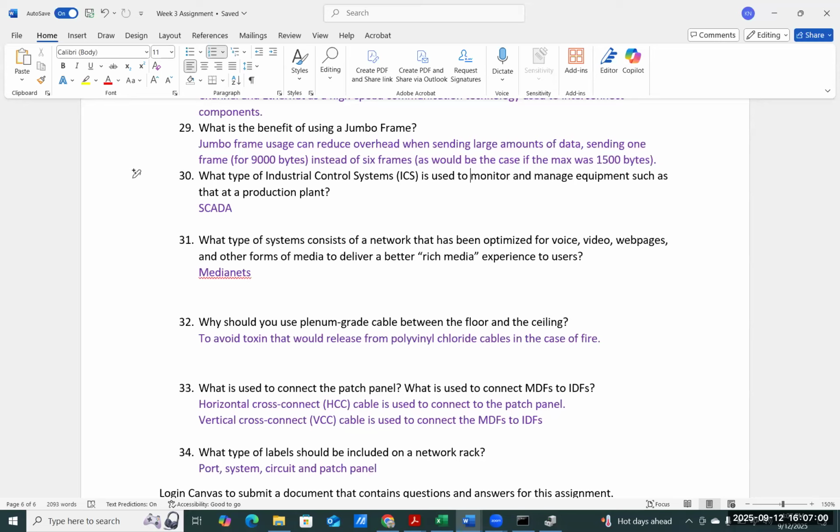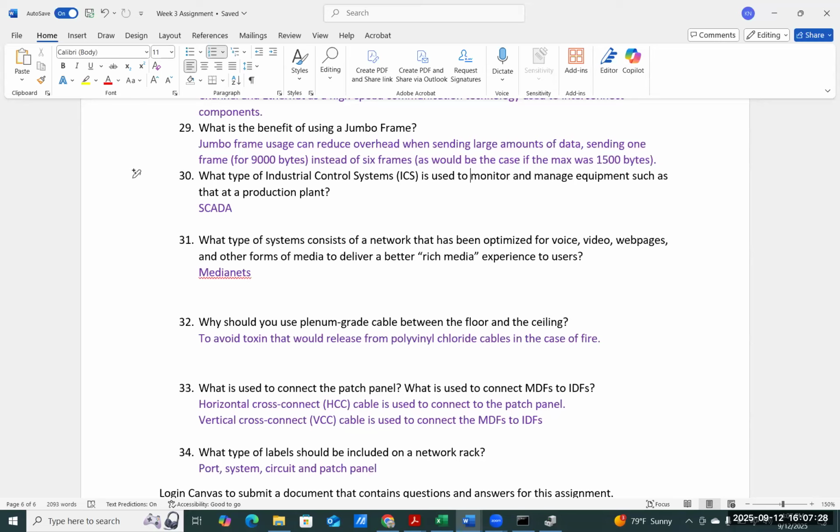So we want to use a certain type of cable, but for plenum grade, why should you use it? To make sure that we avoid toxins and also the release from the polyvinyl, which is the coat of your cable. And that can also have toxins that would induce fire, okay.